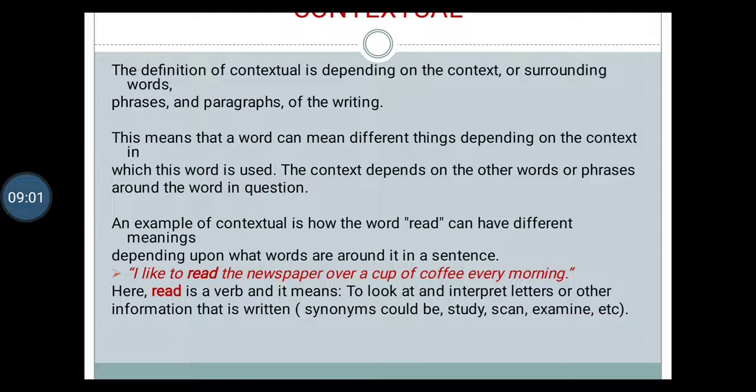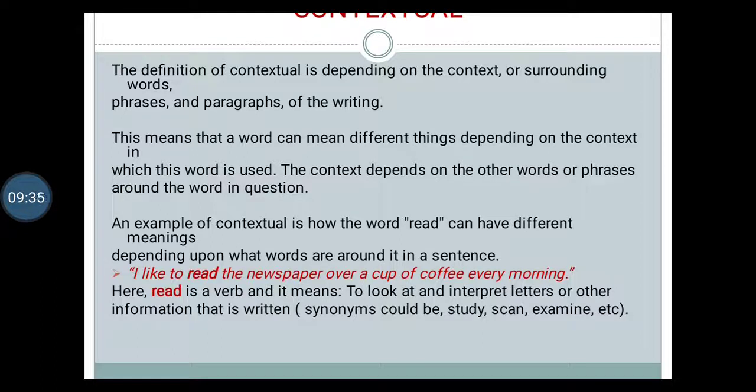You're trying to understand the words in the newspaper while you are going through it. So synonyms of read here could be to study the newspaper, to scan, to examine. If you replace read with these synonyms, they actually mean the same thing. It doesn't take you away from the meaning of the word read in this particular sentence.